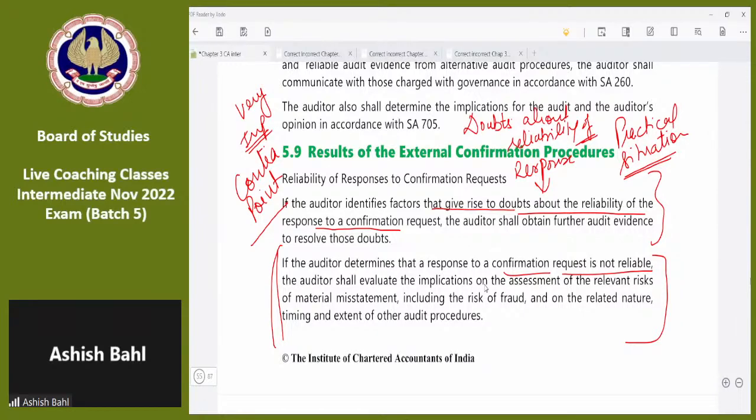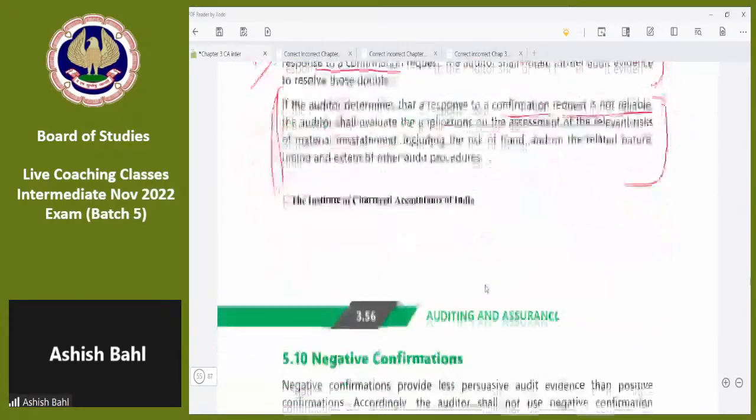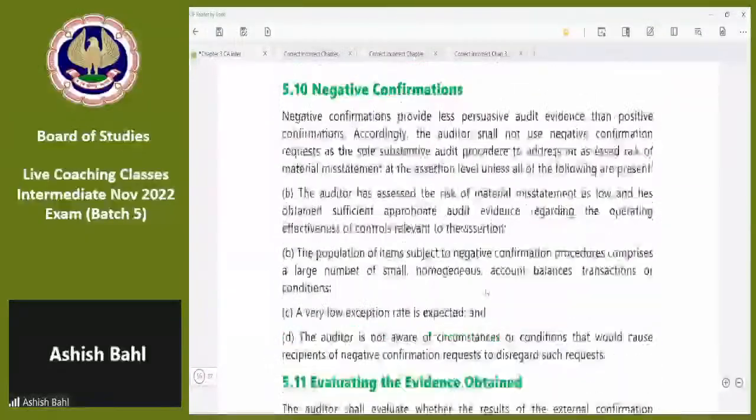But he may have doubt in his mind that the response to the confirmation request which he has received is not reliable. So he can question that also, and he may have to assess the risk of material misstatement, and he may have to decide upon the nature, timing, and extent of other audit procedures.